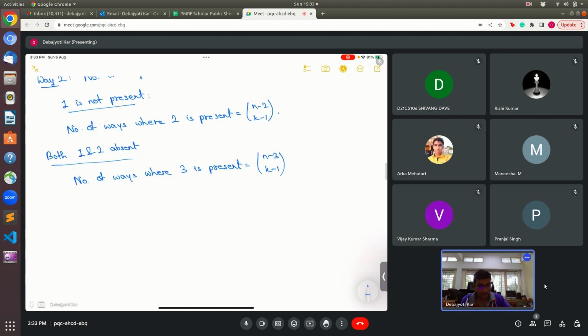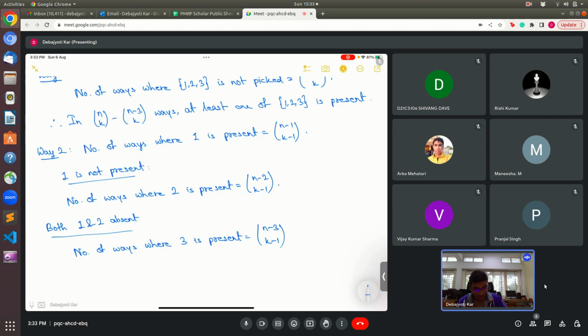Hence the total number of ways is the sum of these 3 terms.